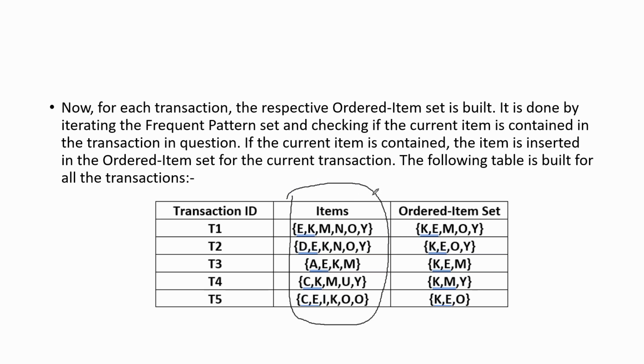Now what we are doing is arranging these items and finding out the items which are lying in those frequent items. How are we arranging? The items we arranged in the previous slide were in the order of K, E, M, O, and Y.